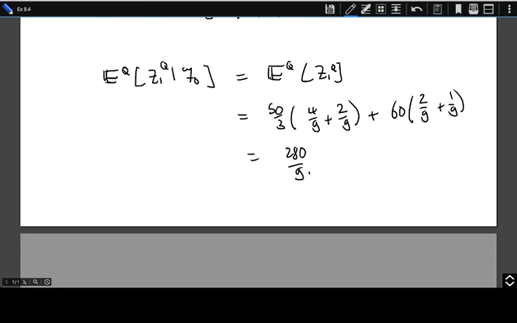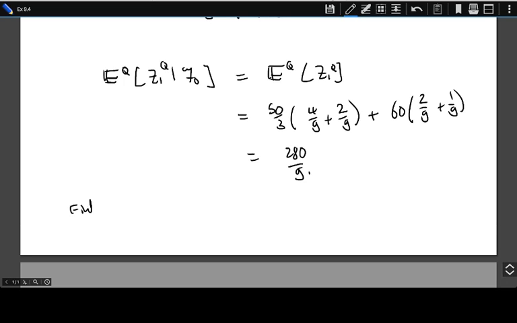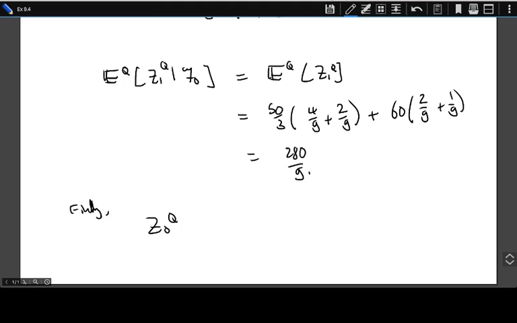Now we can calculate the value of the Snell envelope at time 0, which is the maximum of C at time 0 and this expectation, which we just calculated.